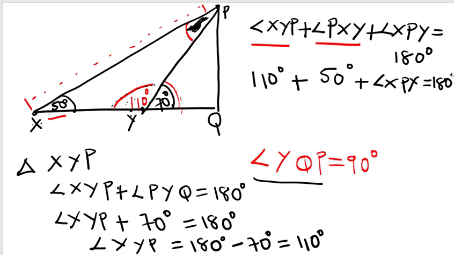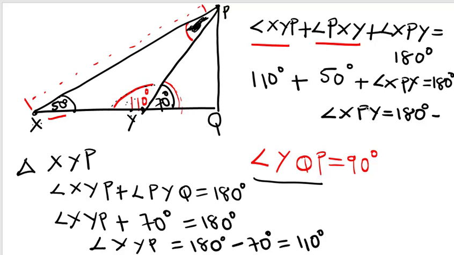So let's make angle XPY the subject. Our angle XPY is 180 minus, when we sum the 110 and then the 50, that will give us 160.